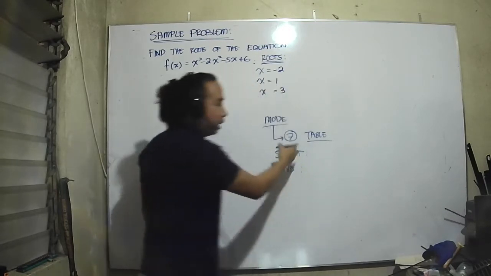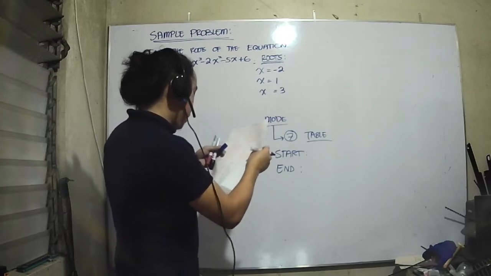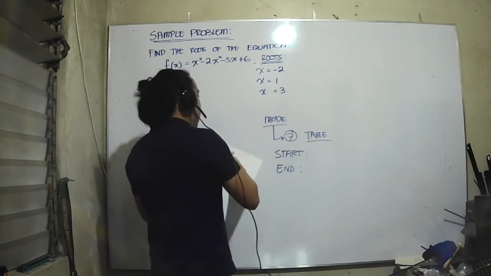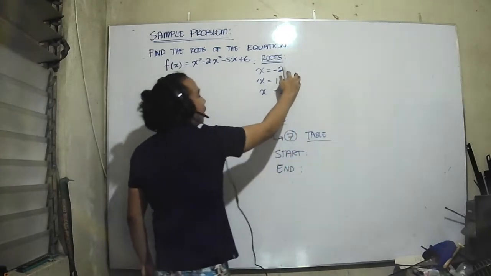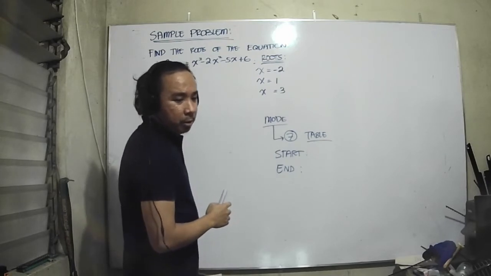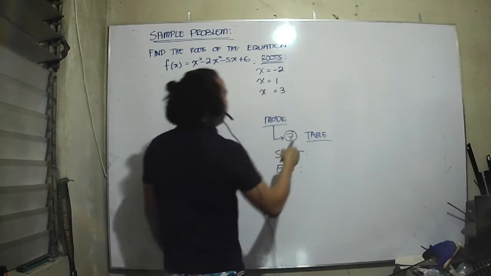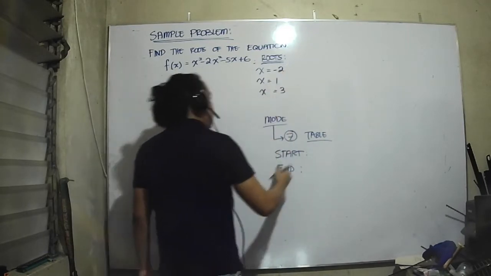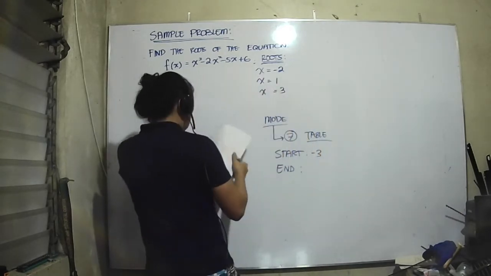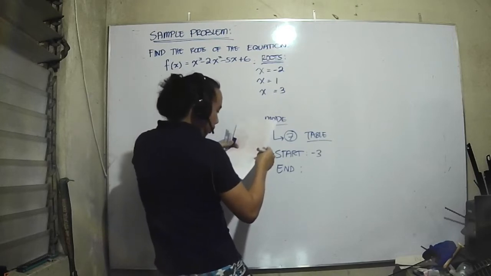That is our domain for the graph. When you say domain, I just like to go with something interesting, the roots are around negative 2, 1, or 3. So I can choose any number, but I'll start at negative 3 and end at 4, okay?